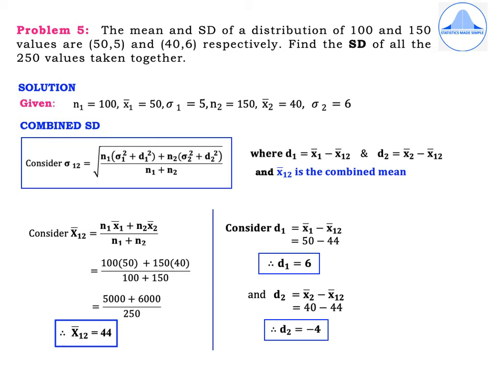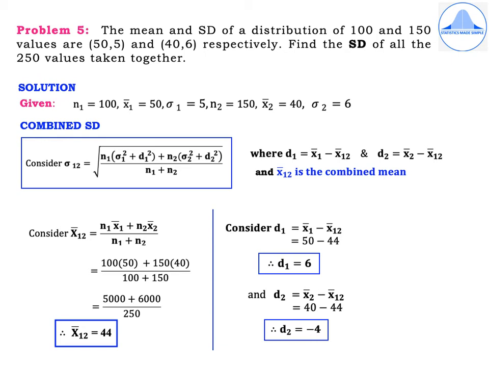So let us first list down all the values which are given under solution. So you have n1 equal to 100, x bar 1 is 50, sigma 1 is 5, then you have n2 equal to 150, x bar 2 is equal to 40, sigma 2 is equal to 6.